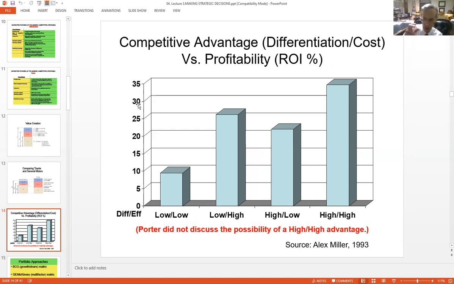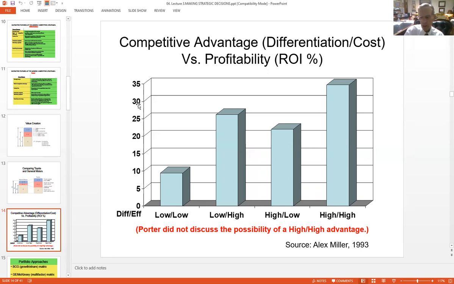Frankly, these two bars are so close together that if you did the research over, you might come up with an answer where they were about the same. As a matter of fact, today I would expect very possibly that differentiation would give you the higher result, but the two provide competitive advantage. Now, what Porter did not give us in his original model, and what Miller found, was quite important.